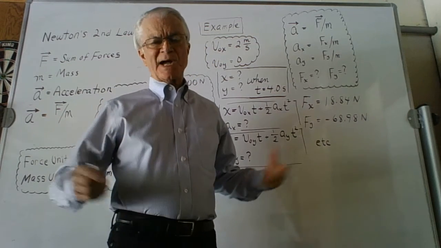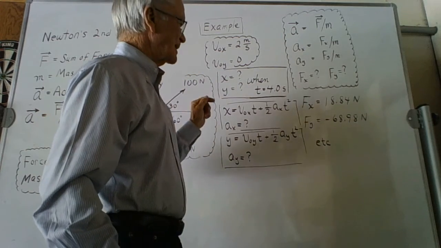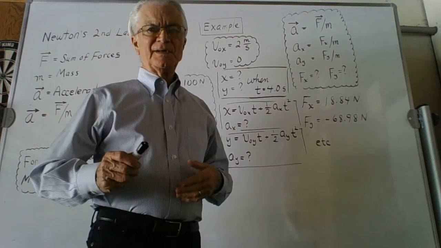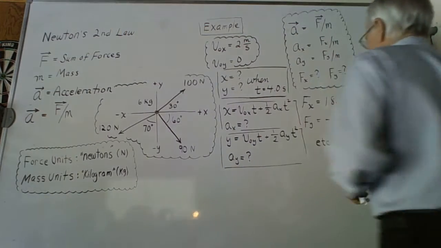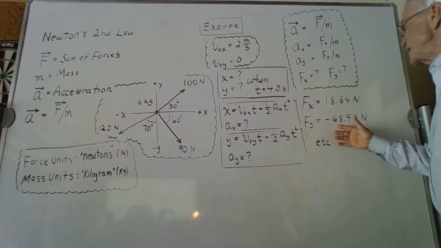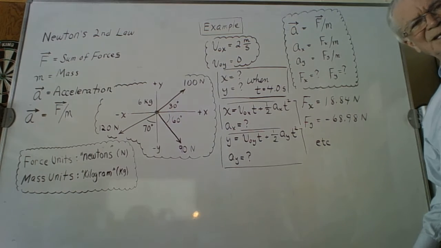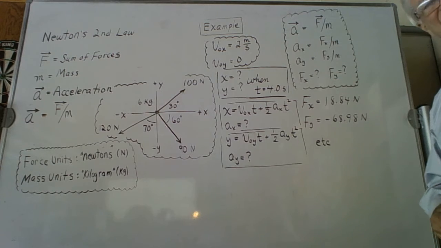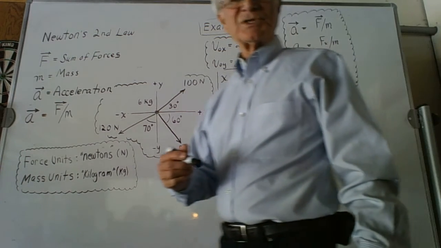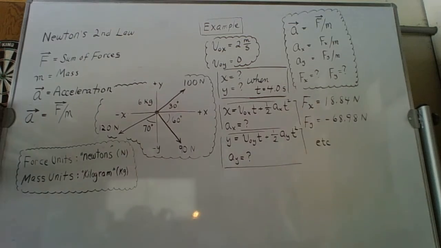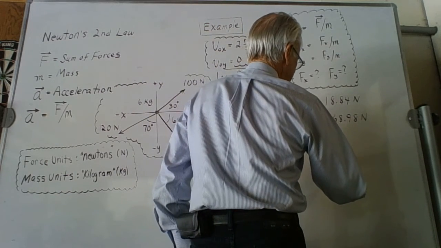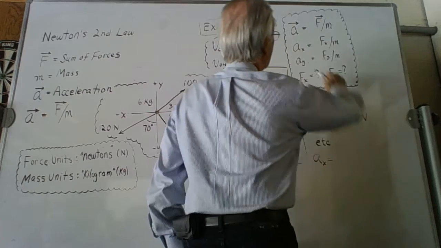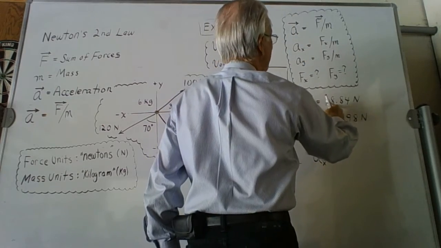And so now we just work backwards until we have the values of x and y. The problem is essentially solved except for some mathematical substitutions. I write etc. here, meaning I don't have room to finish the problem on the whiteboard, but it's a simple matter for you to finish it. I may have also calculated a sub x and a sub y. Let me look. I did. A sub x, according to this equation, is F sub x divided by m.